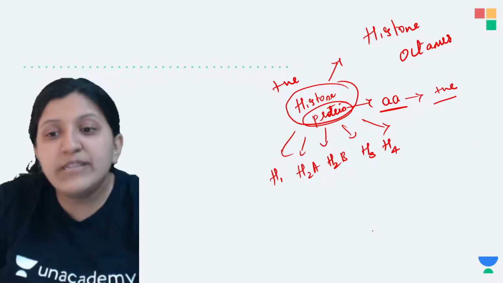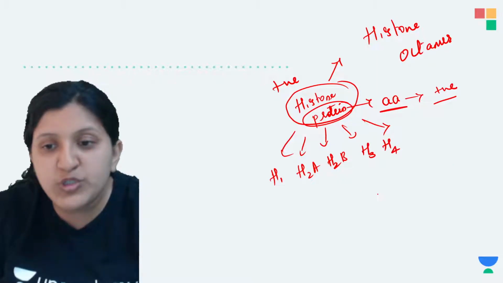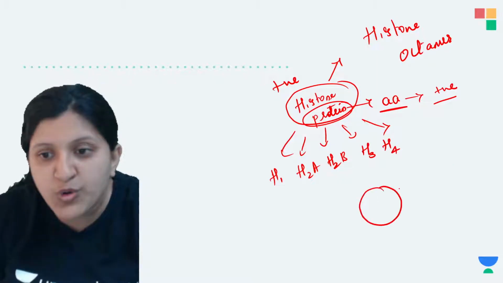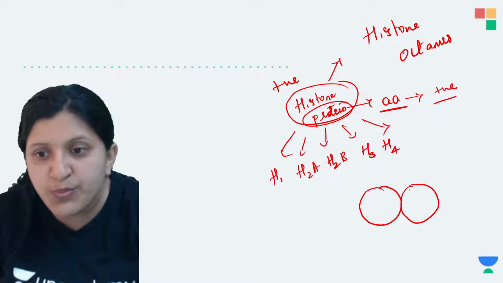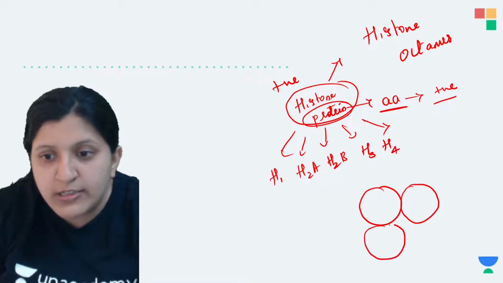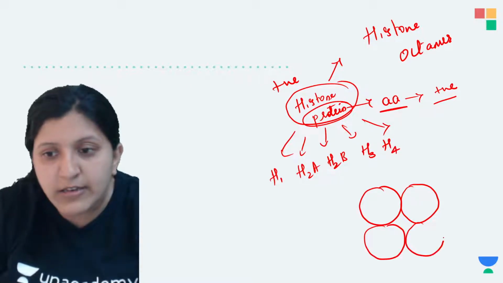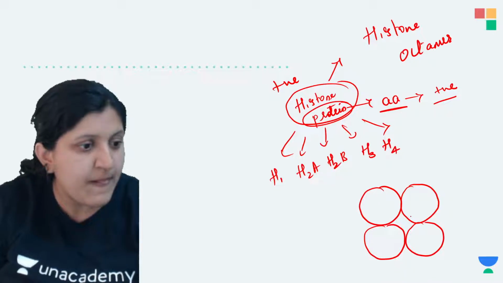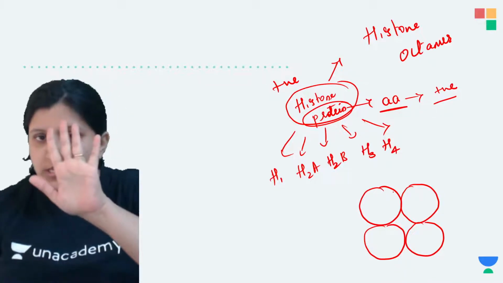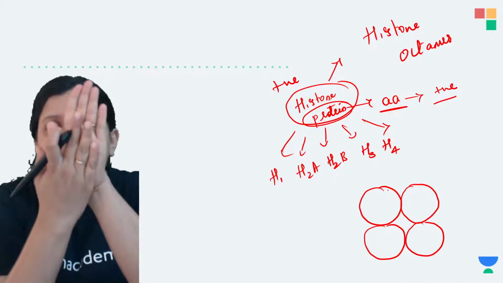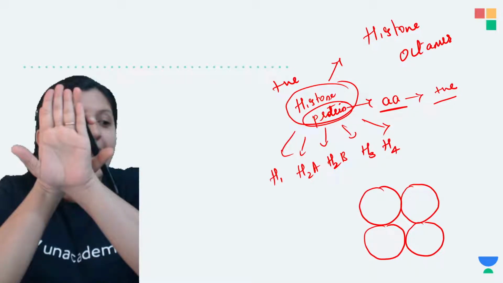Now this histone octamer: you can see this is one histone protein, this is one histone protein, here is another, and then there is another. This is going to form an octamer. This is only the front side I am drawing; on the back side there is one more set.